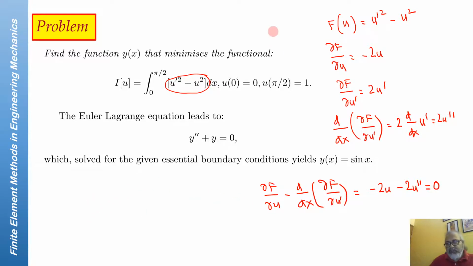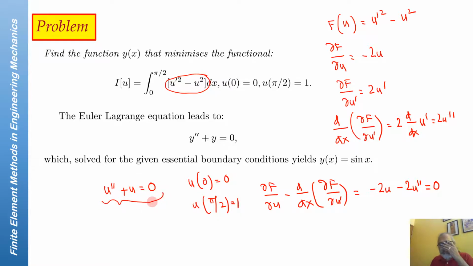So your differential equation corresponding to the minimization of this functional is simply u'' plus u equal to 0, with the essential boundary conditions u(0) equal to 0 and u(π/2) equal to 1. You can easily solve this second order differential equation, put in these boundary conditions and find that the function that minimizes I is simply y equal to sin x.